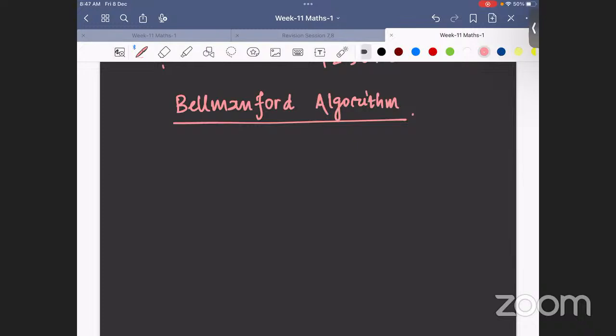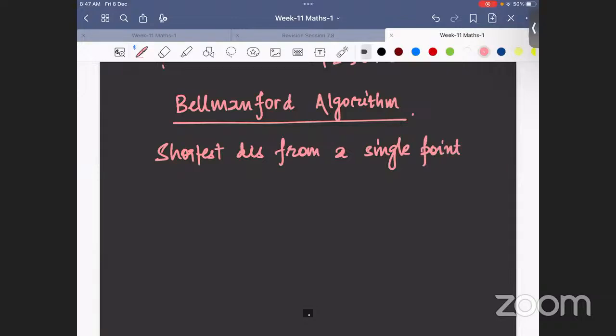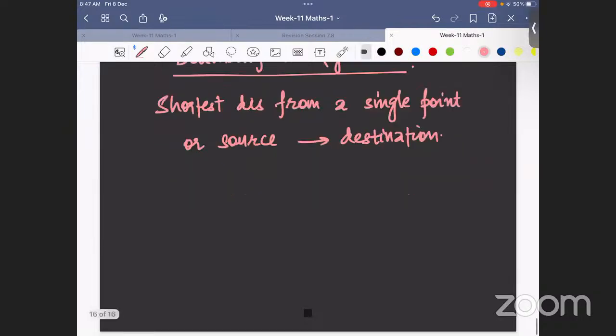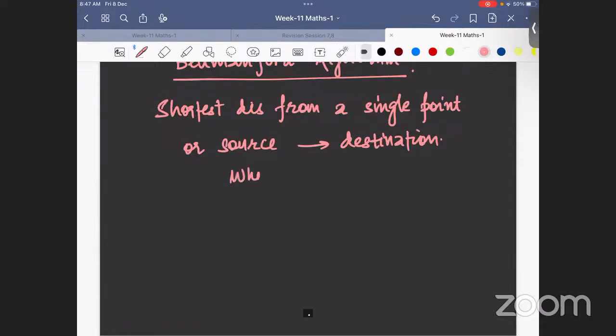And this is also helping us to calculate the shortest distance from a single point, or you can say source, to the destination, where negative weights are present.